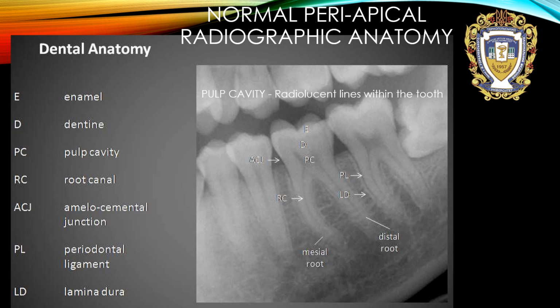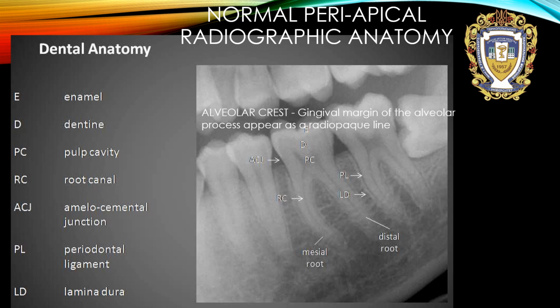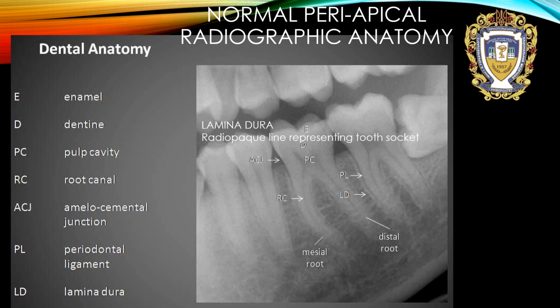Pulp cavity, radiolucent lines within the tooth. Alveolar crest, gingival margin of the alveolar process, appears as a radio-opaque line. Periodontal ligament space, a narrow radiolucent line around the tooth surface. Lamina dura, a radio-opaque line representing the tooth socket.